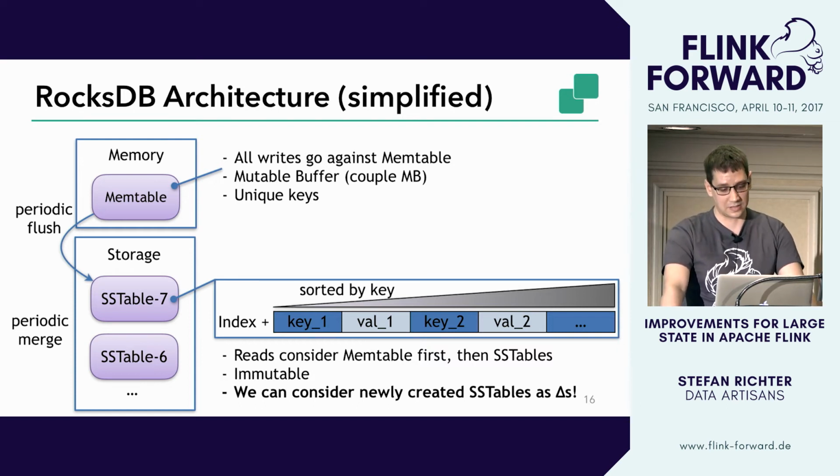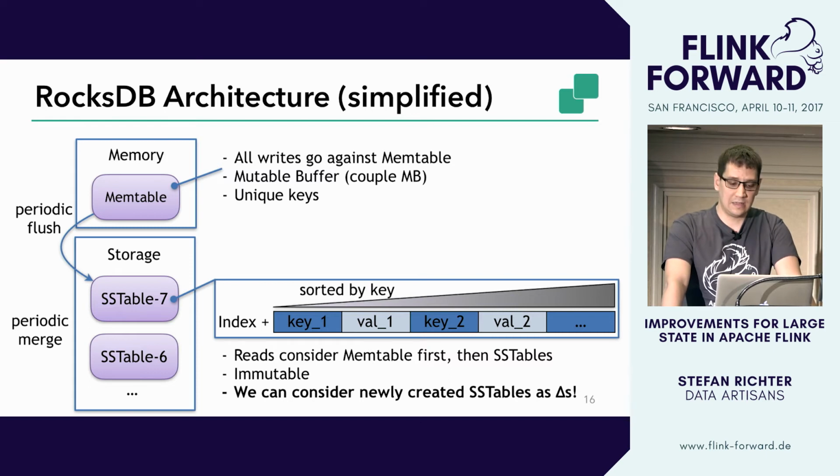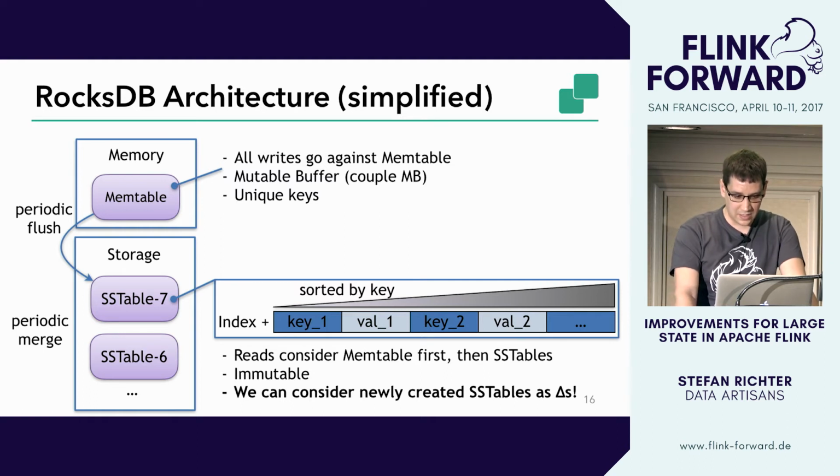This is very important. The structure that you have on disk is basically key-value pairs that are sorted by keys. The first thing that is interesting here is that even if you have a couple of updates for the same key, once it's flushed from a mem table to an SS table, all keys become unique, and you only see the latest modification of that key reflected in the SS table.